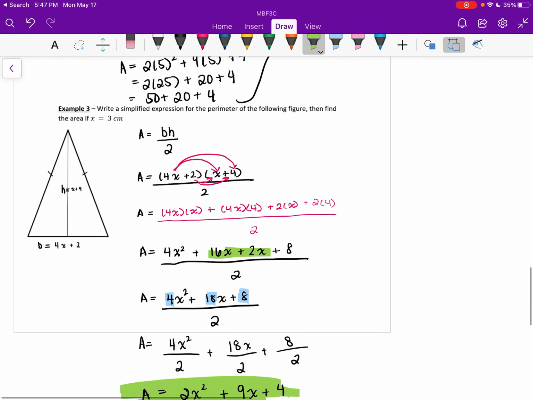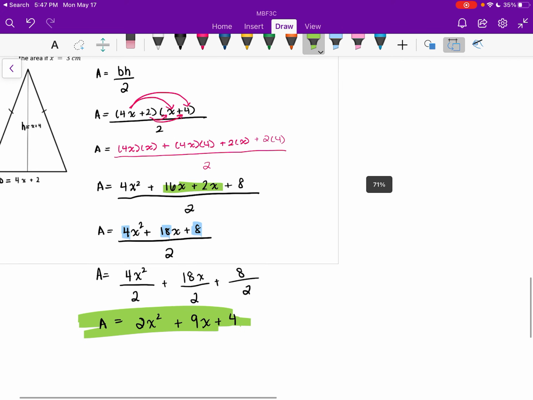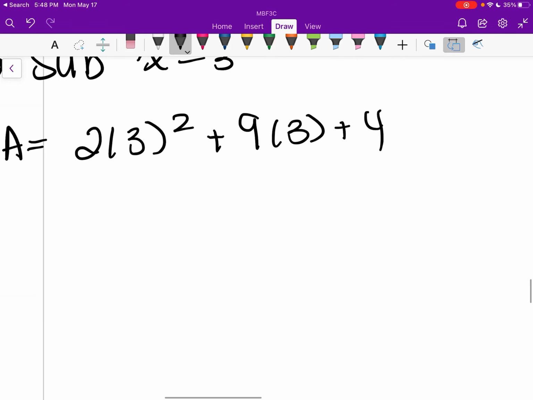So it says find the area if x is equal to 3 centimeters. So what we're going to do is take this equation, sub x equals 3. So area equals 2 times 3 squared plus 9 times 3 plus 4. I'm just going to zoom in here so that we're focused there.